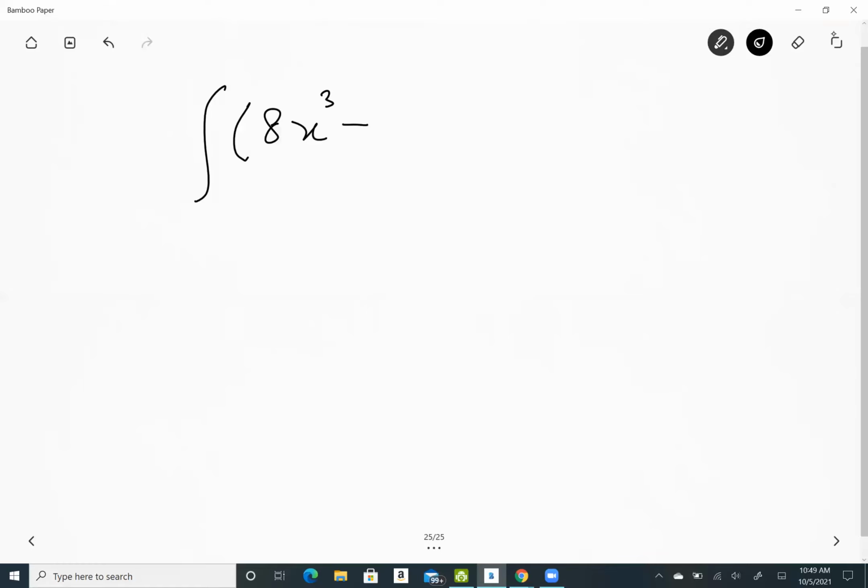So let me get the equation. 8x cubed minus 12x, raised to the power of 10, and then you got 24x squared minus 12, dx.